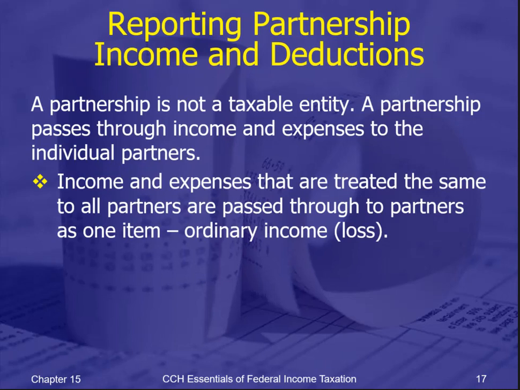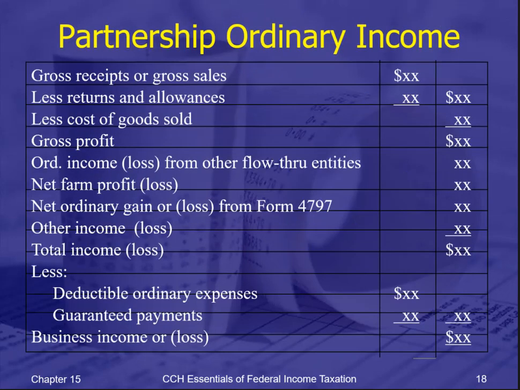Everything that's treated the same is called ordinary income and is passed through to the partners regardless of whether they actually receive cash or not. So if you're a 50% partner in a partnership and the partnership makes $10, you get allocated $5 regardless of whether that partnership gives you $4 or $6 or $5. Doesn't matter how much cash it is, how much the partnership earned.